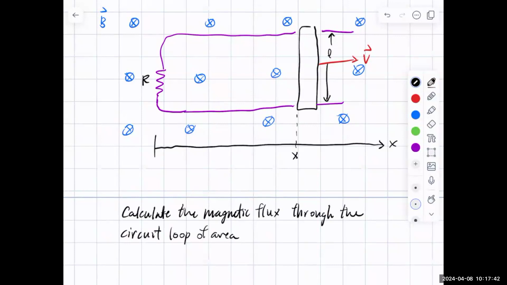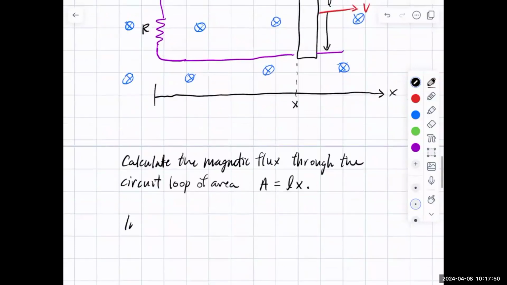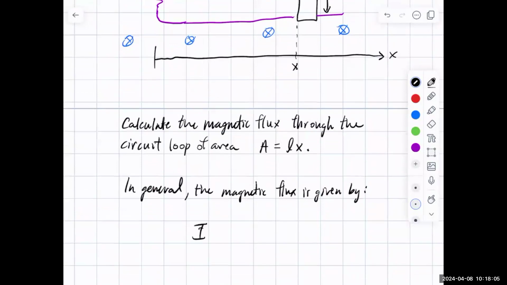So the area is going to be L times X. Okay. So in general, the magnetic flux is given by, so it's the exact same expression that we had for electric fields, except instead of an electric field, we'll have a magnetic field.